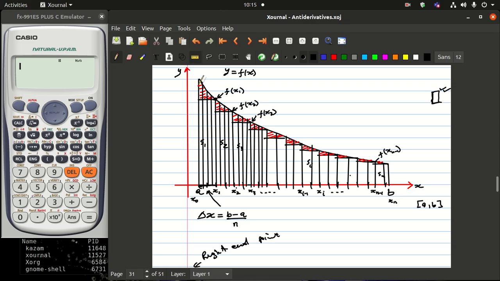You will notice now that when I'm creating the new rectangle, it's going to be this rectangle. You can see now that the area that we're missing is going to be there, and of course it's going to be smaller, and the error that we're having is going to be smaller and smaller.